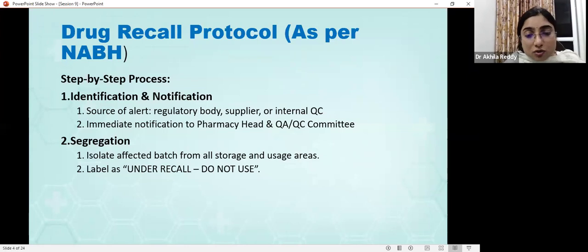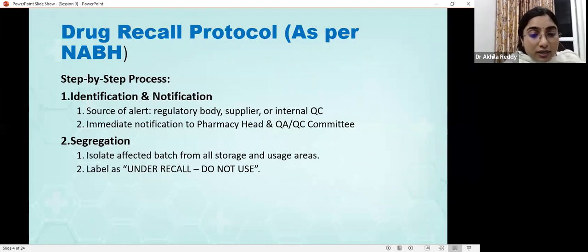So from all the storage and usage areas, such as the ICUs, or wherever the medicine is placed in the crash cart, emergency or ward stock, it should be collected by pharmacy, and the entire batch should be segregated, kept aside, and labeled as drug recall, do not use.